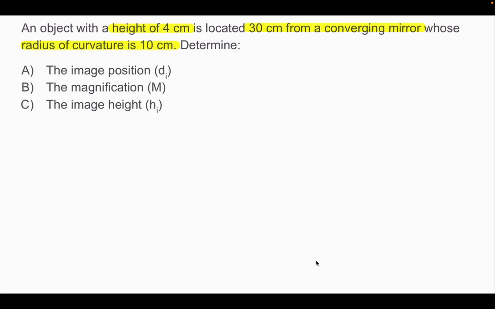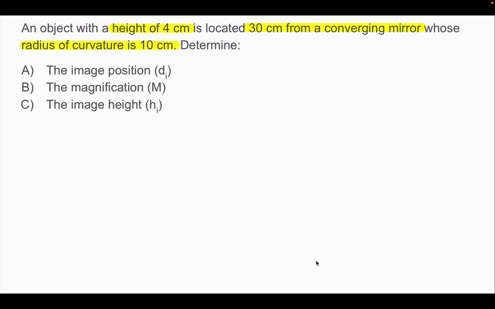So given that, I want you to find the DI, the M, and the HI. And here's where it gets kind of interesting. We're going to end up using a rearranging of things and a substitution here, okay? And actually, I don't even think we end up having to use a substitution, but it's going to end up having a denominator that's a fraction.